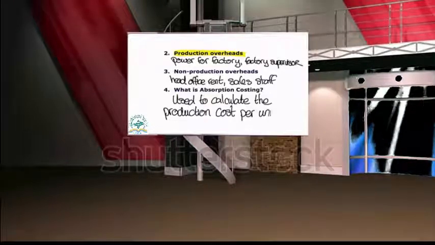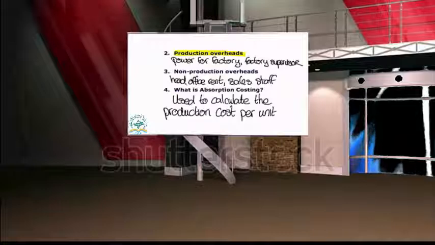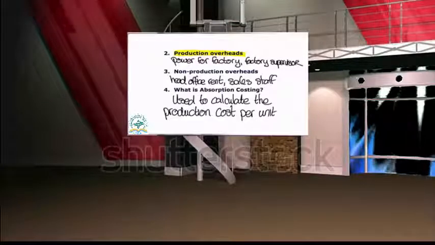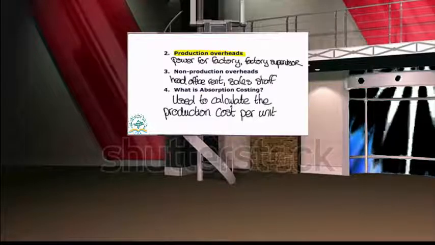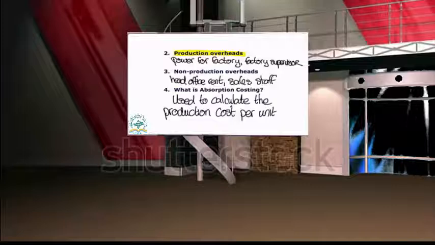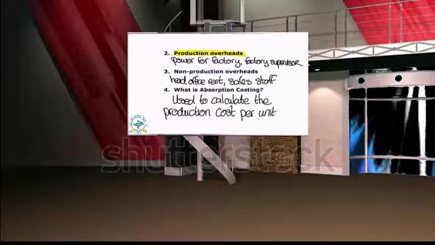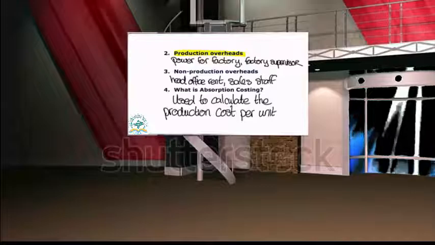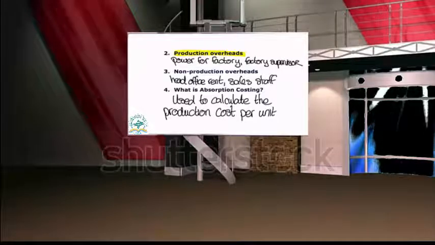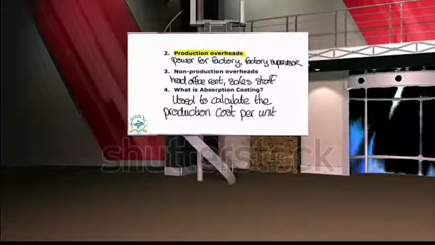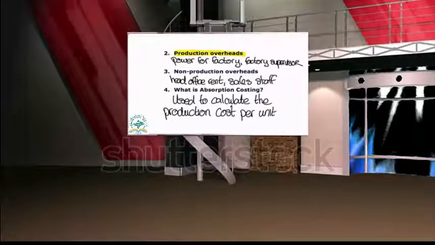And the reason we want to do this is because it's very important for all companies to have some idea of how much it costs them to produce each unit of their product. An obvious reason for this is that we need to know how much it costs to produce our unit so that we can calculate what our selling price is going to be. So how much are we going to charge our customers for this product?